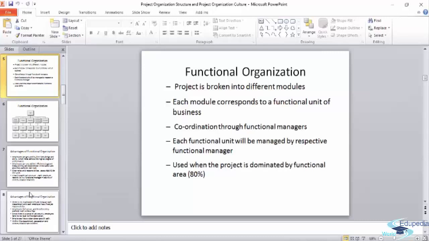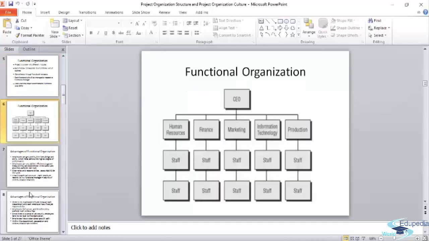So basically, what we are saying is, in your project, if major work is done in a particular department or functional area, it could be banking, insurance, finance, operations, then you can go for a functional type of organization.